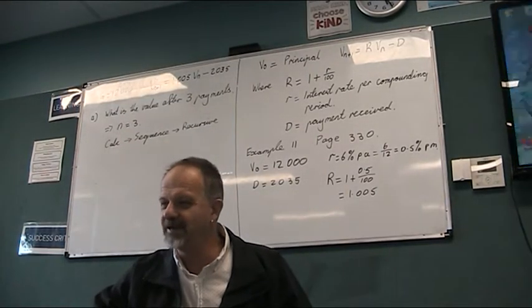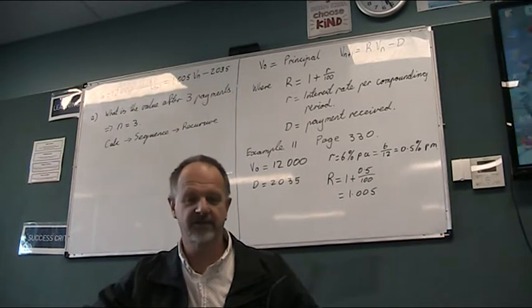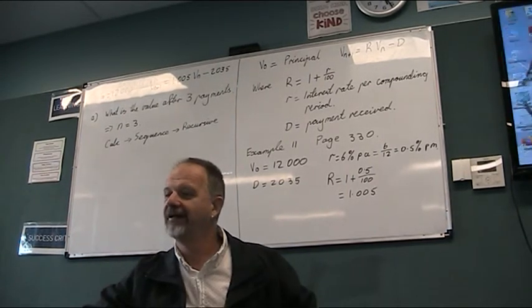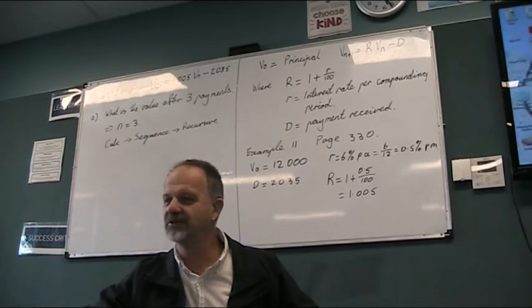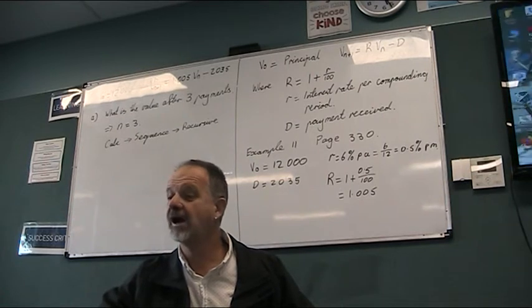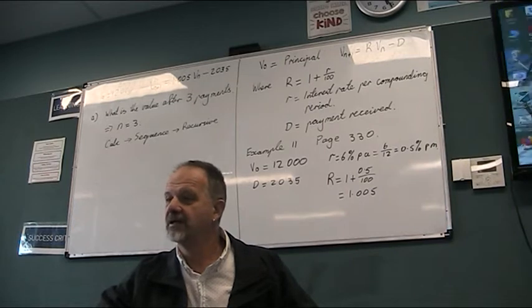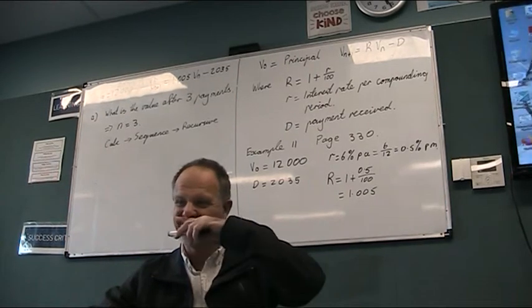Those watching the video, you just have to figure it out. So A(n+1) is equal to R times, and R is 1.005, times V(n), and we're using A(n), so don't forget that's in that drop down menu from the very top.